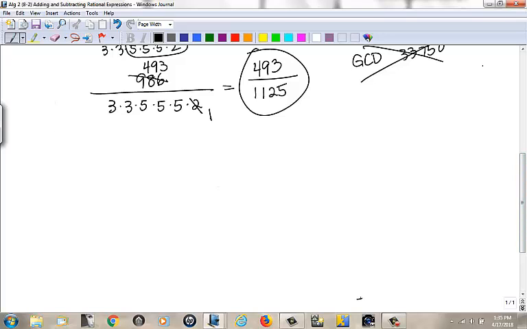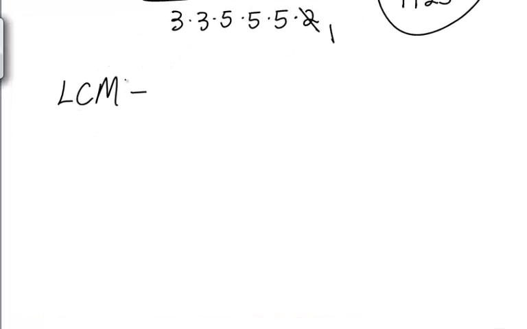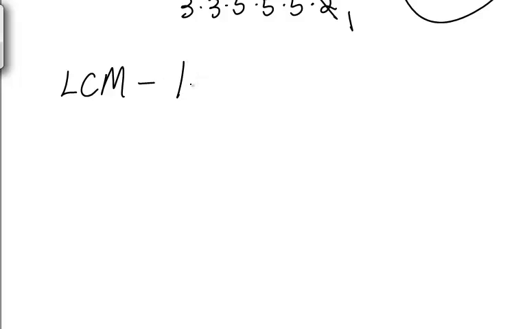Now, the LCD stands for least common denominator. Now the author is going to go to least common multiple. The least common multiple means he's going to throw in the variables. So LCM stands for least common multiple.